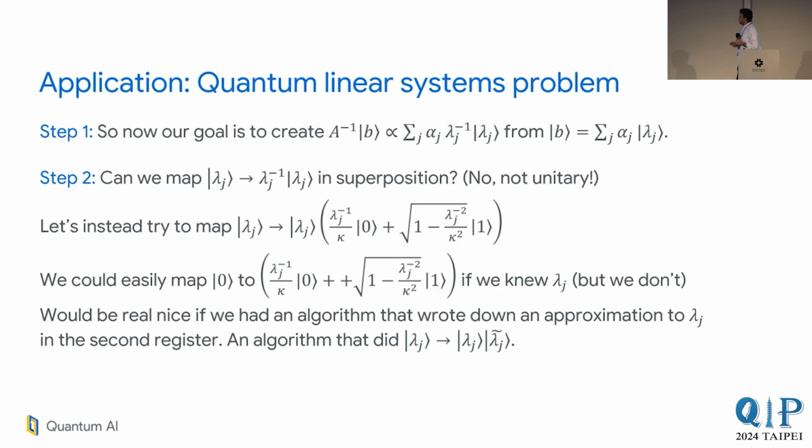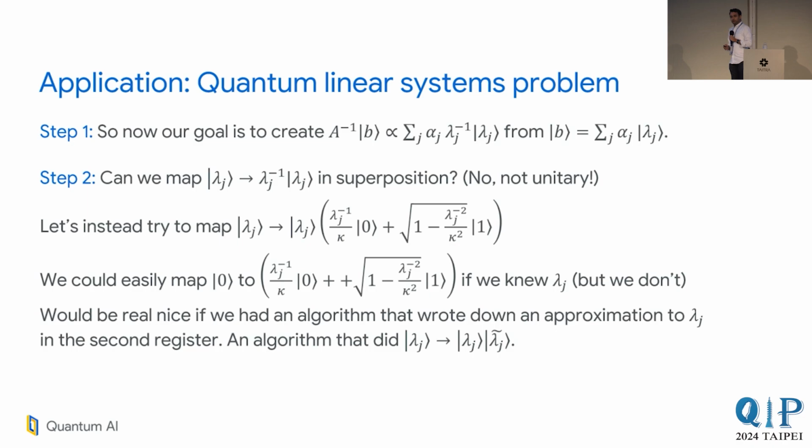What would be really nice is if you had an algorithm that told you what lambda j was in superposition. You have some superposition of lambda j's; this is the state you're starting out with. What I want is an algorithm that writes down in a second register some approximation of lambda j. It takes ket lambda j, keeps that state around, but in a second register writes down a binary representation of the approximate value of lambda j.